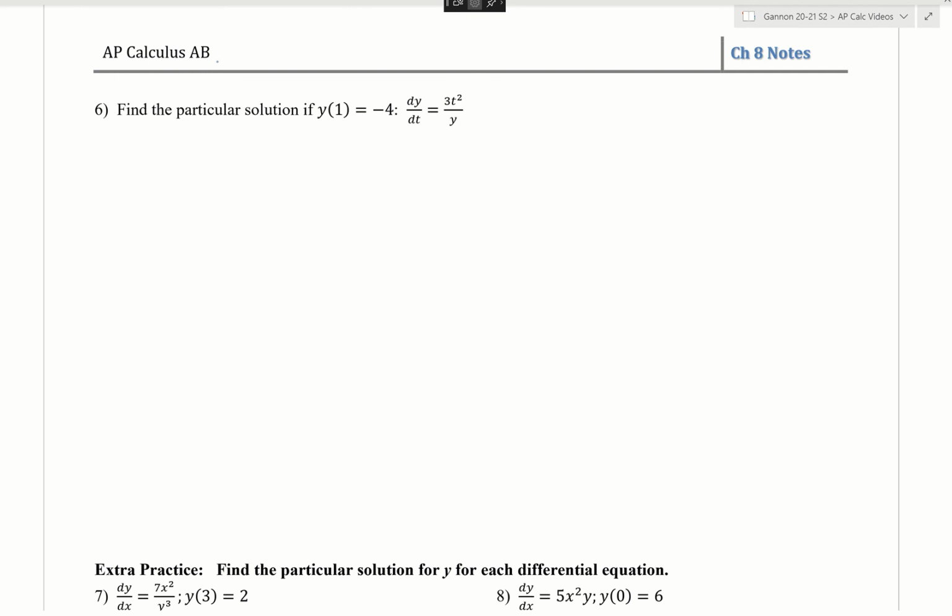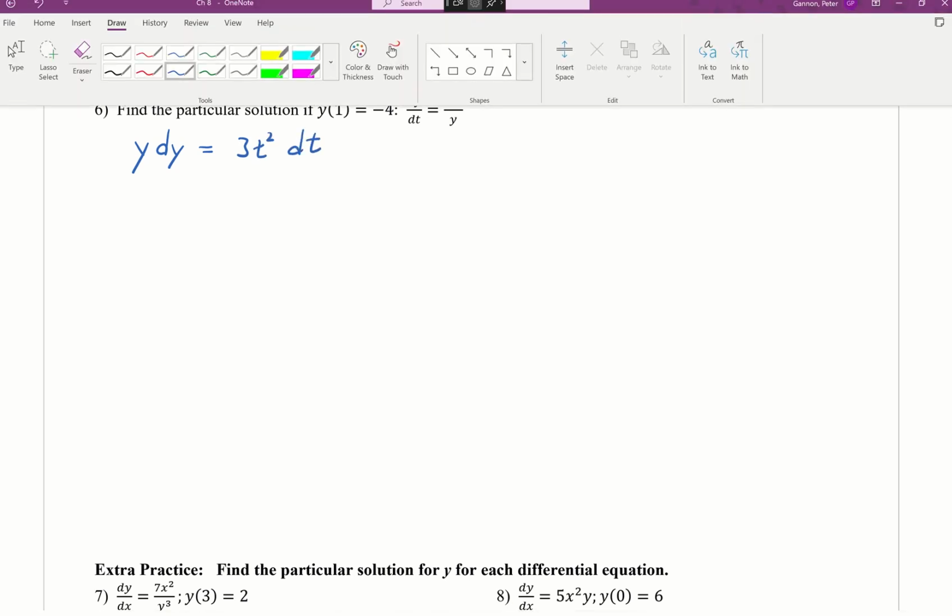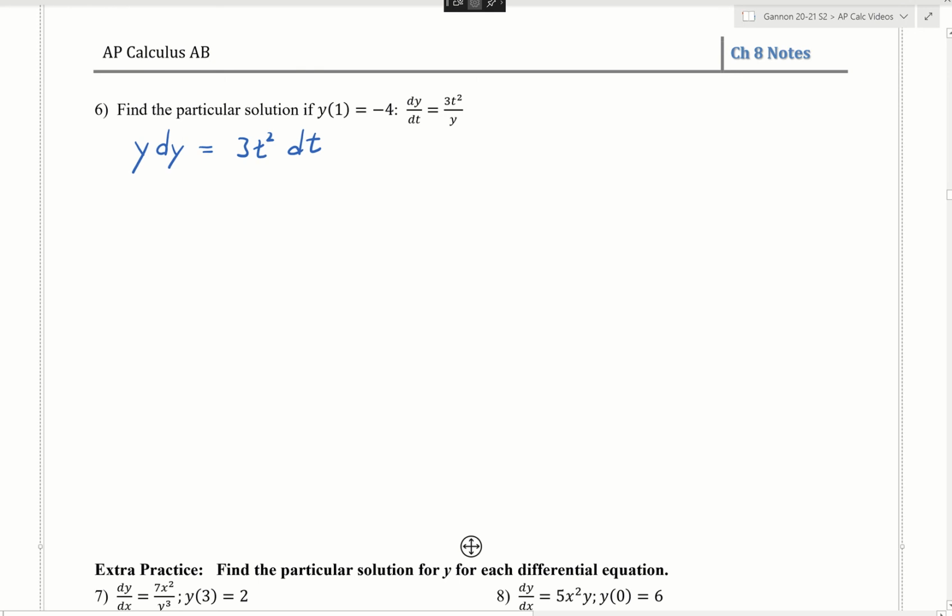All right, so in this case, we're going to move the y over, so this will give us y dy and then 3t squared dt. All right, so that was pretty easy. Essentially, we're just cross multiplying to make that happen. All right, now we can go ahead and integrate both sides. So if we integrate y, we're going to get 1/2 y squared.